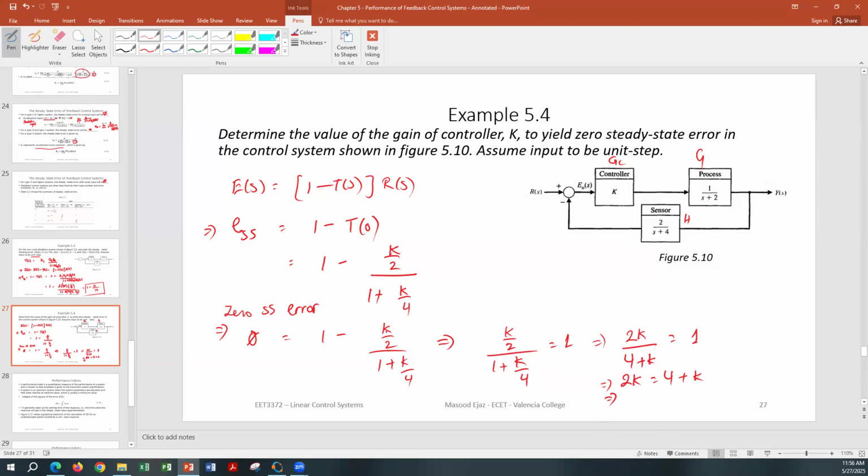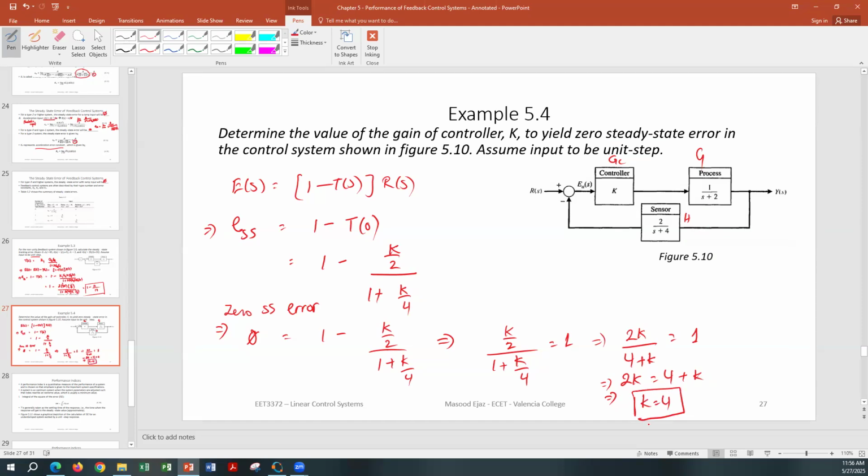So this 2 and 4 will cancel out. This 2 is going to go in the numerator. It's going to become 2K. So 2K minus K is equal to 4. So K is equal to 4. So the controller gain of 4 is going to yield a 0 steady state error. If it is not 4, then you will have some steady state error.